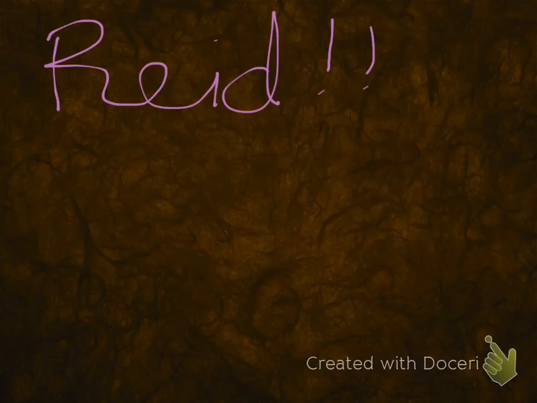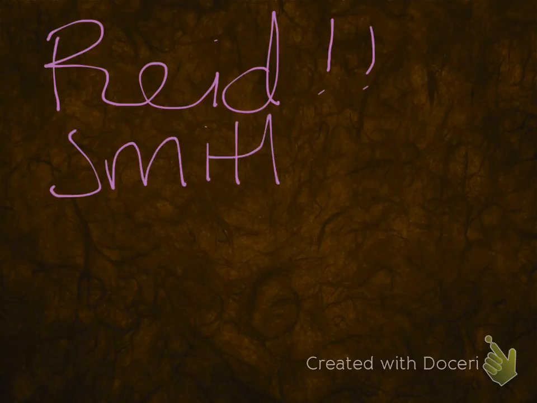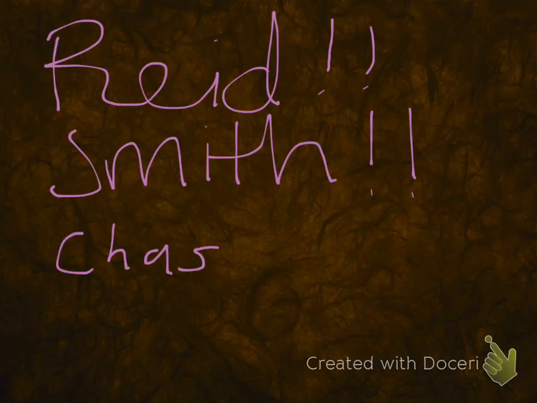All right, so very quickly, if you haven't guessed them already, my guests are as follows. We've got Reed from the 6-3 class. You can say hi. Hi. Hello! We've got Smith from 6-2. Hi. You better hurry up.